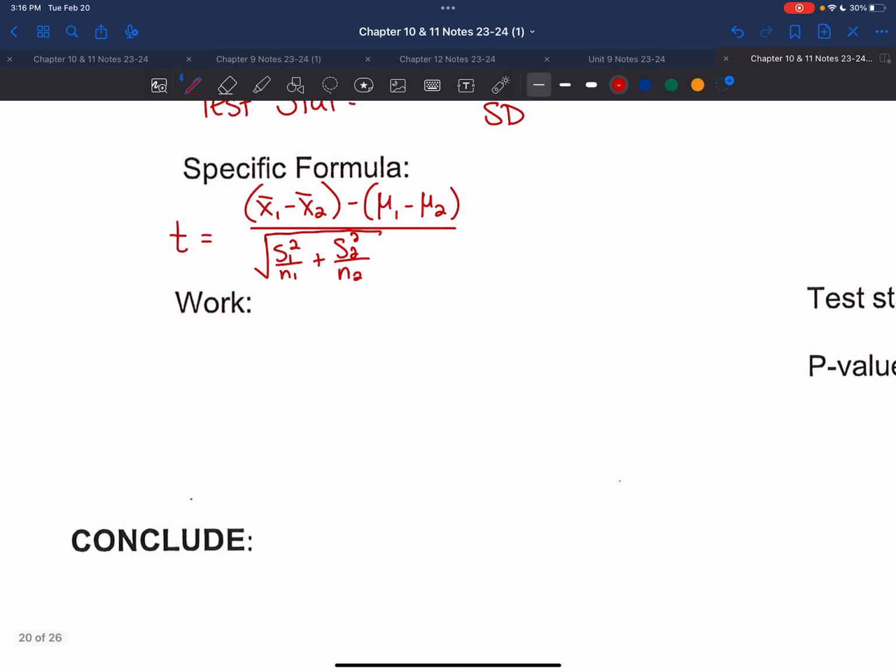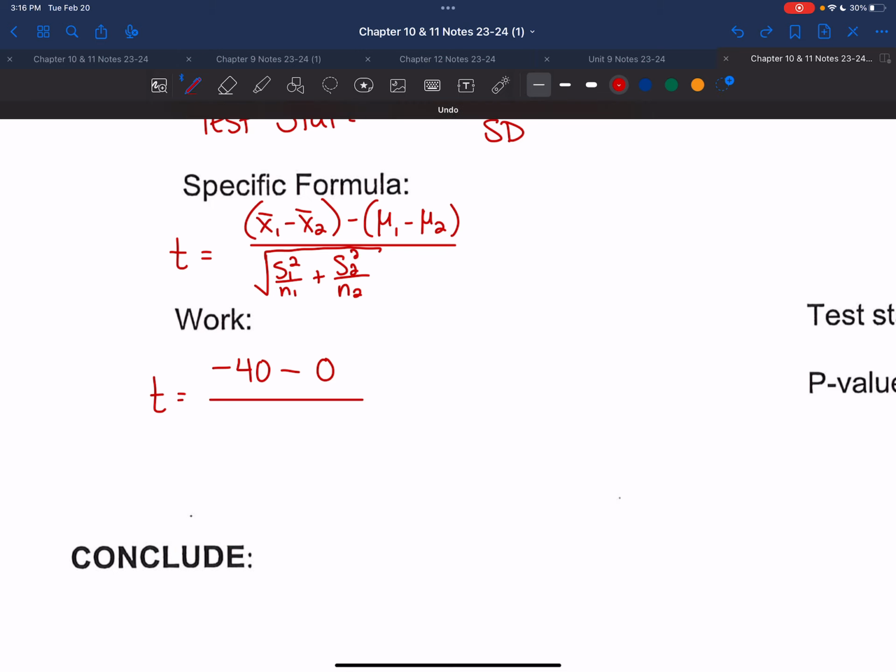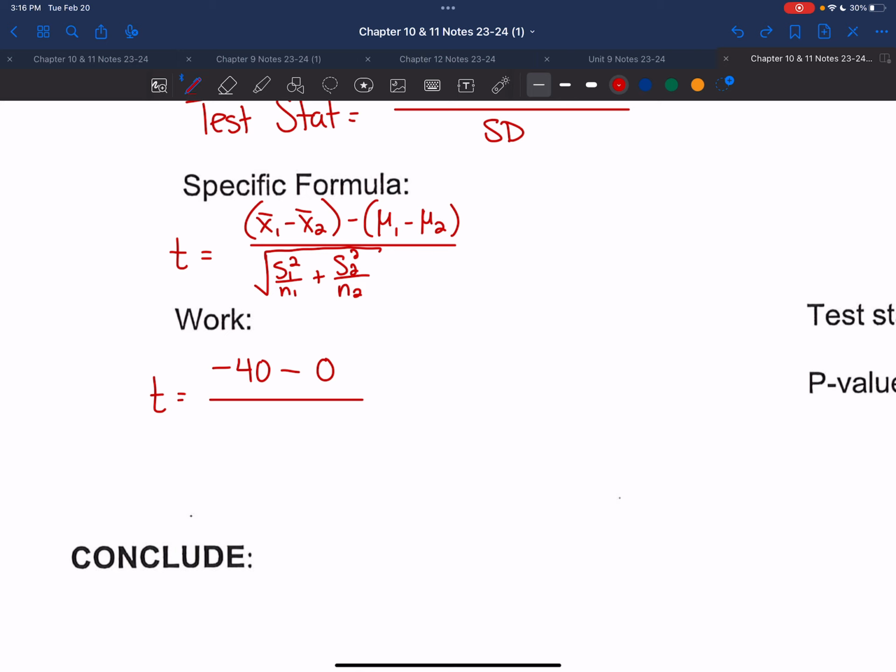Okay, so if I plug in all my numbers, we had a difference of negative 40, right, minus our expected value of 0, divided by the square root. They told us that the standard deviation for group 1 was 100, and group 2 was 75.